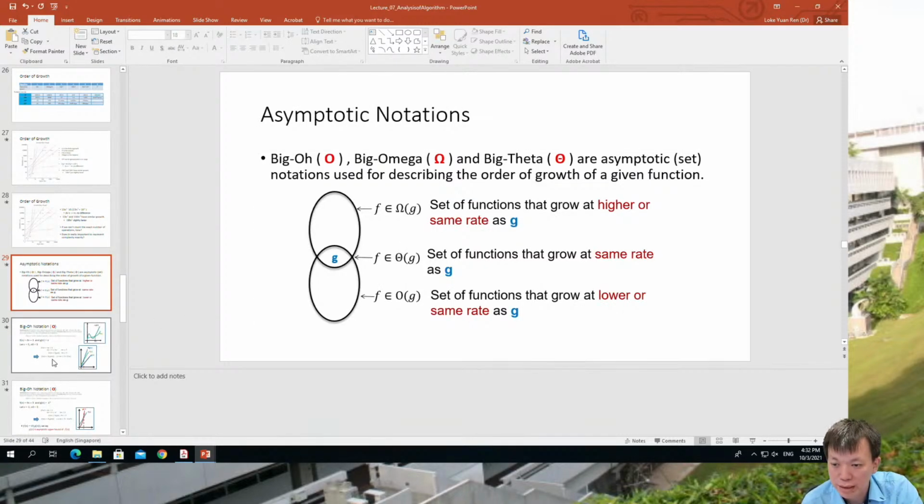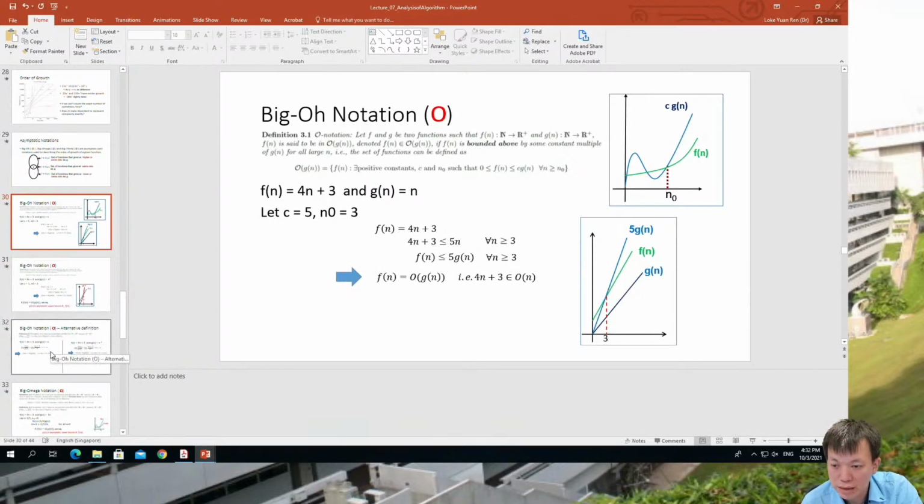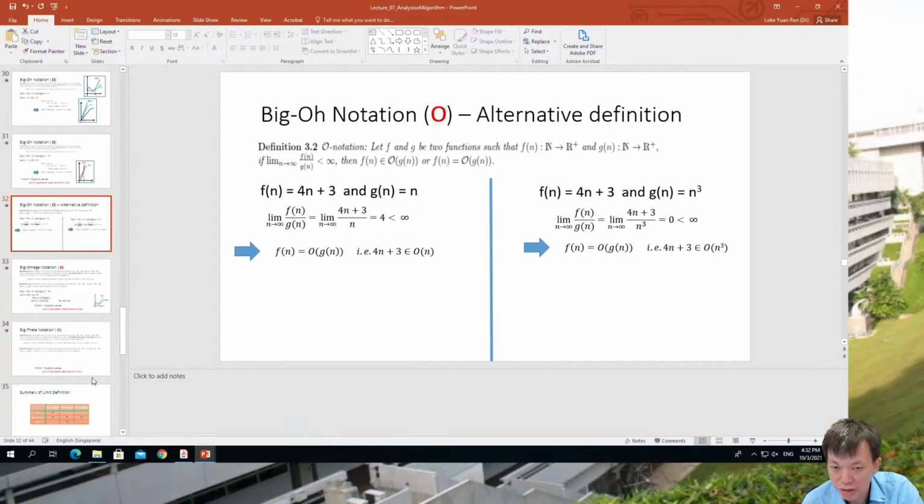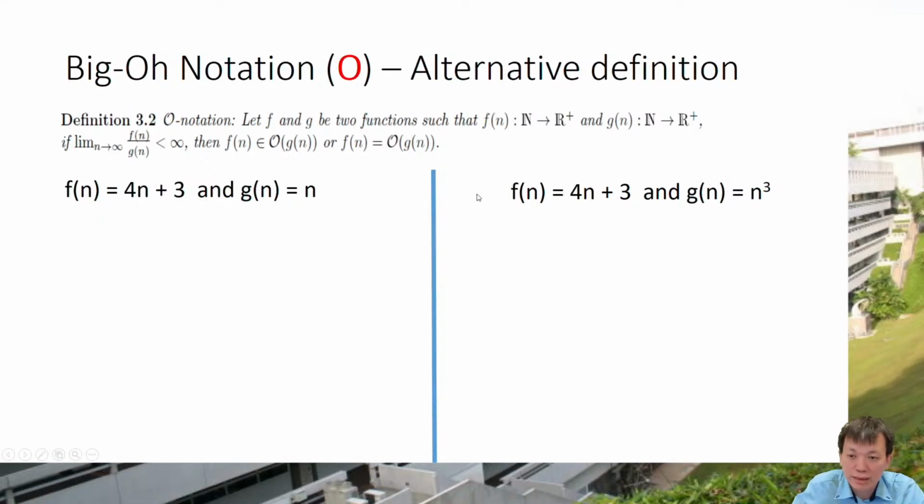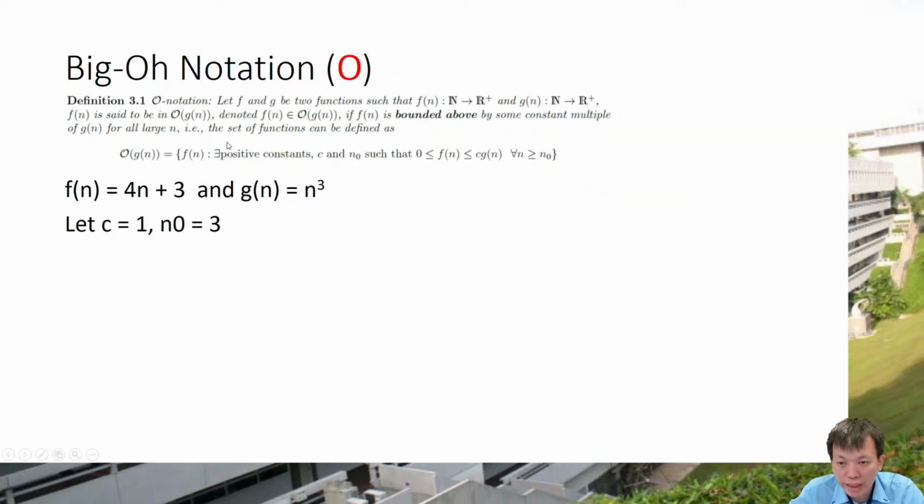That day, I think we stopped here. Maybe I already introduced it. One thing, I think I made a typo, it should be 3. There are 2 ways to find out the big O notation. The definition, there are definitions of the big O notation, big omega and big theta.